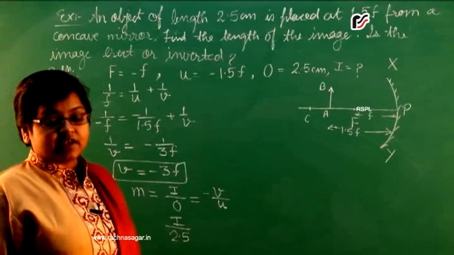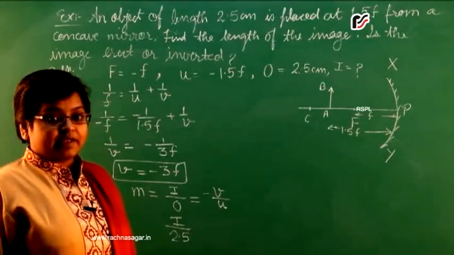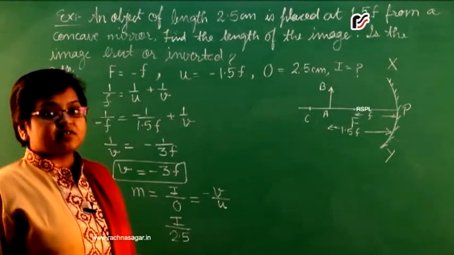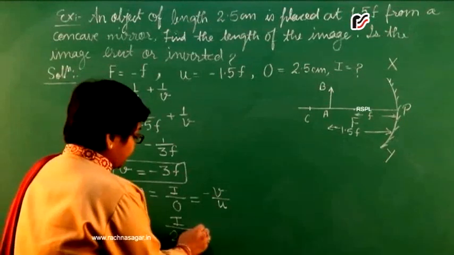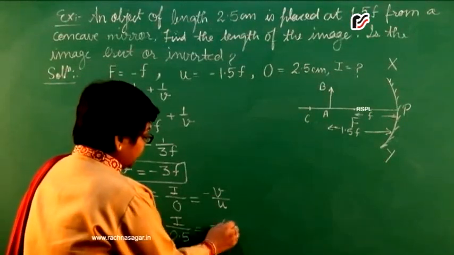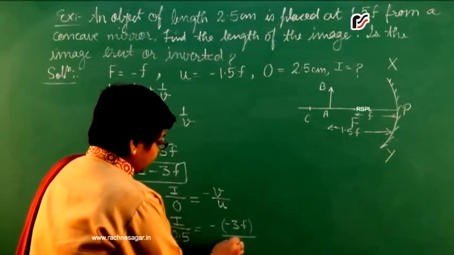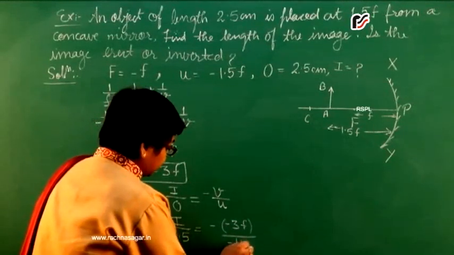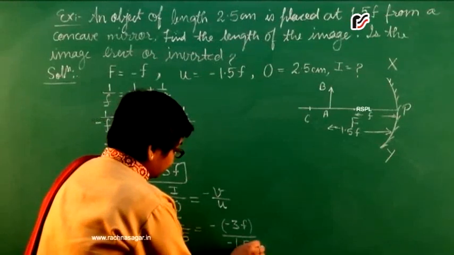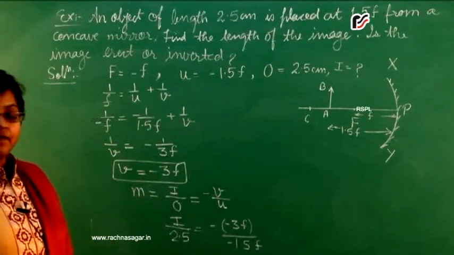O has a positive sign because the object is placed upwards from the principal axis. Minus v is minus 3f. u is minus 1.5f.